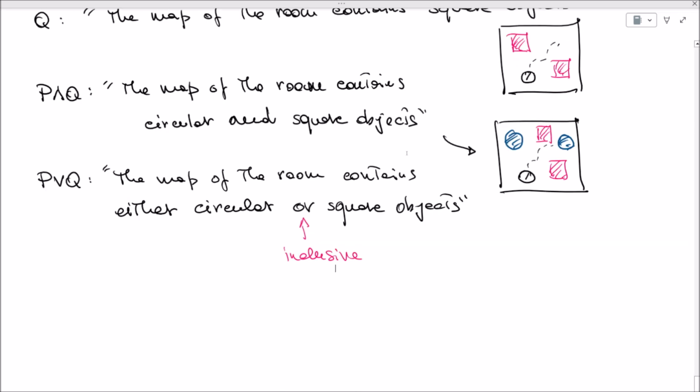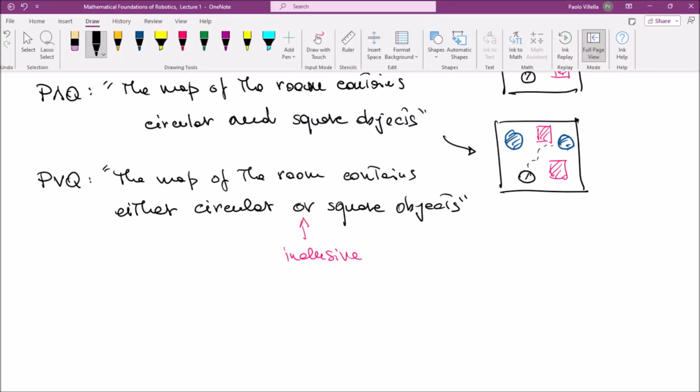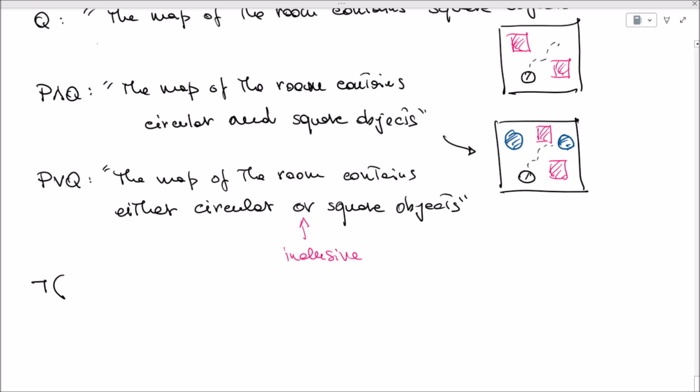Okay, so now that we have this new proposition, we address the problem: can we build the negation of this proposition? So the new problem is, how can we express the negation of P and Q, or the negation of P or Q? Okay, so let's start with the first one.